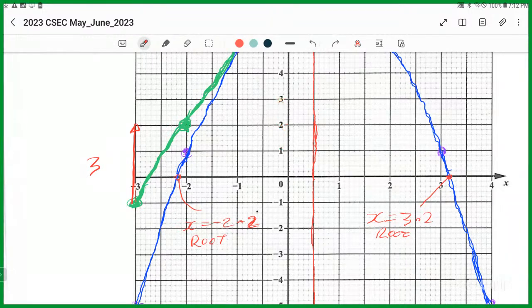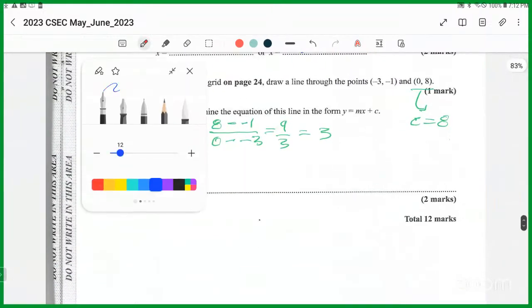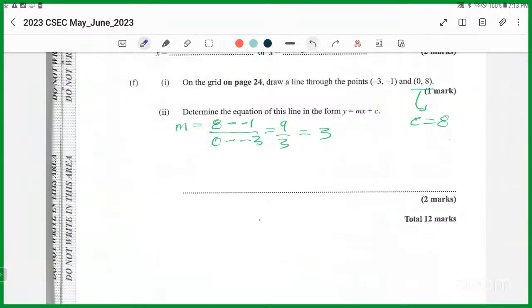And the run is 1 unit, because horizontally every 2 centimeters is a unit. They could get the gradient that way. Rise over run is 3. So you get the C. Now that you know the M and the C, that's the equation. The equation is y equals 3x plus 2. That's 3x plus 2. All right.